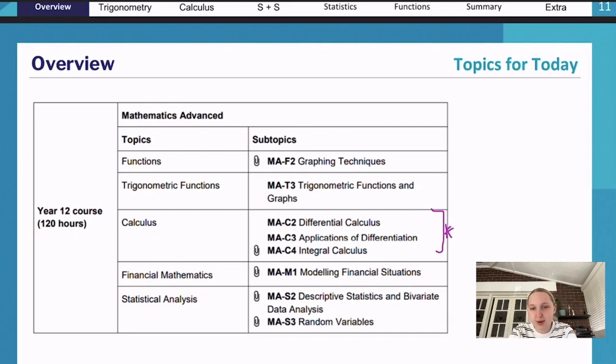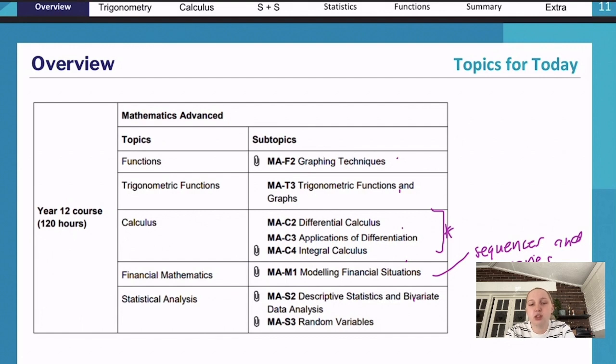Then you've got financial maths, which is about modelling financial situations. Something to note is that this is also where your sequences and series come in. I think sometimes people forget that sequences and series exist because they're not specifically outlined here, but they are part of financial maths. And then the last bit is statistical analysis.